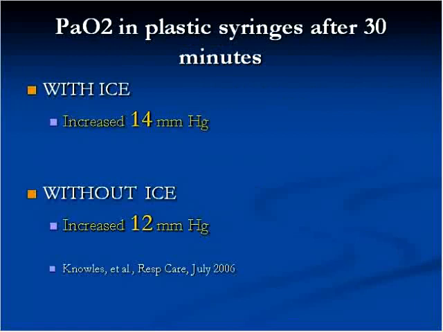after 30 minutes, blood gases in plastic syringes with ice, the PO2 actually went up 14. That's one of the reasons why the recommendation is not to use ice. But to me, frankly, almost more amazing is that without ice it went up 12.